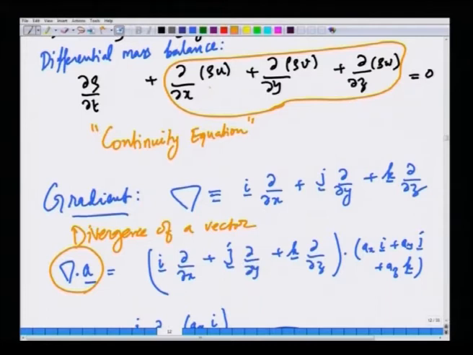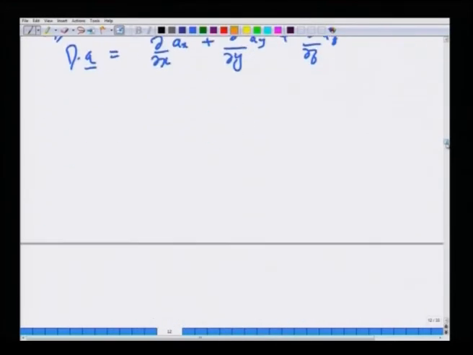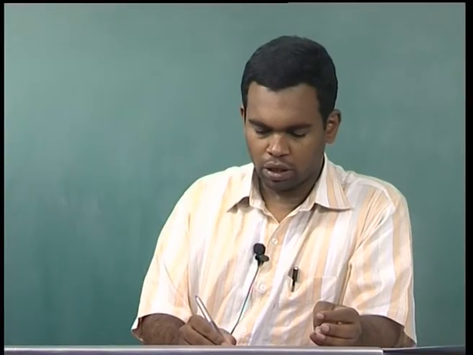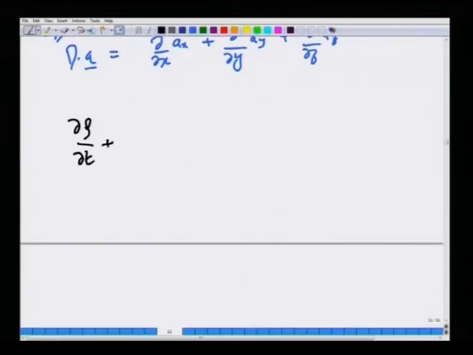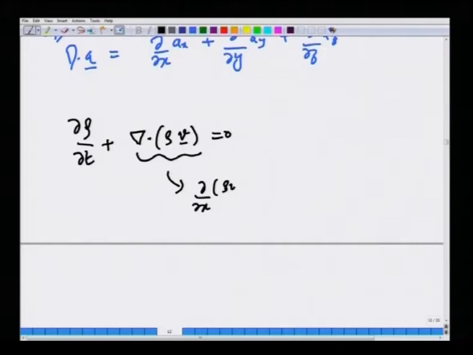Here it appears like you have 3 components rho u, rho v and rho w, and then you have d dx of rho u plus d dy of rho v plus d dz of rho w. Therefore, we can write this as d rho dt plus del dot rho v is 0, where del dot rho v is nothing but d dx of rho u plus d dy of rho v plus d dz of rho w.